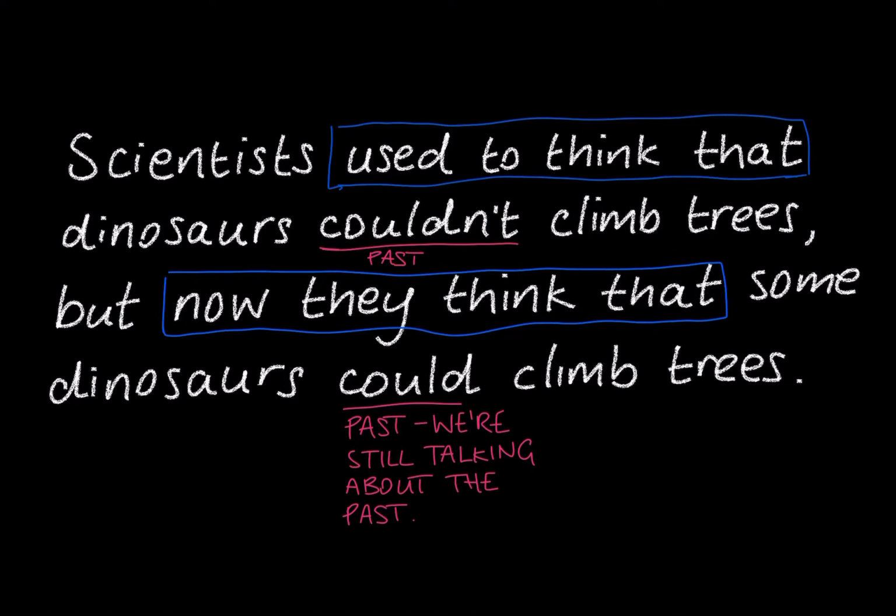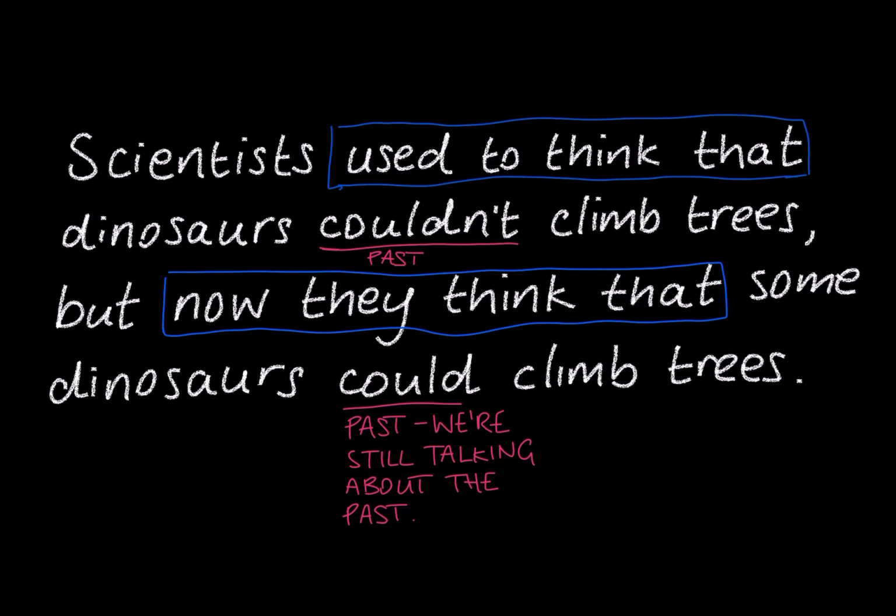Okay, remember the past simple of can is could, and obviously negative is couldn't. So scientists used to think that dinosaurs couldn't climb trees, so they could not climb trees, but now they think that some dinosaurs could climb trees.